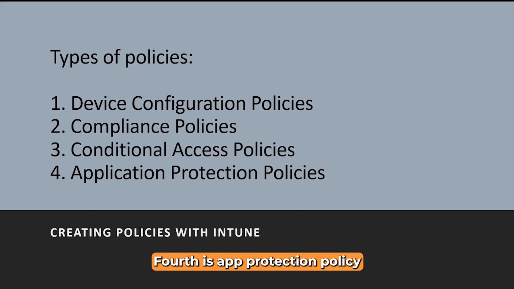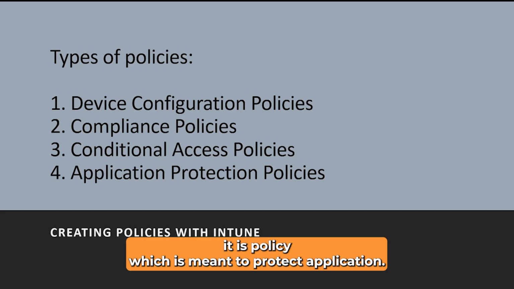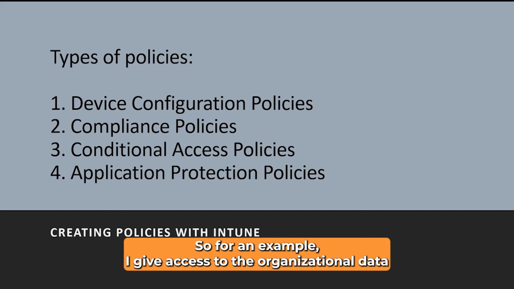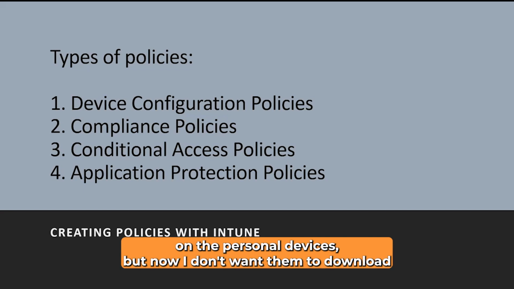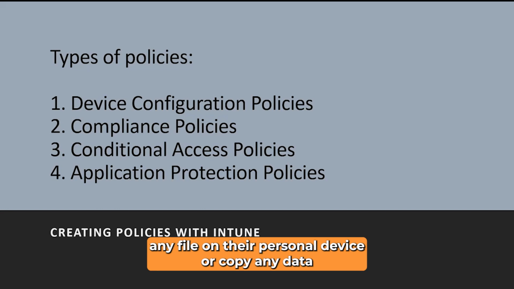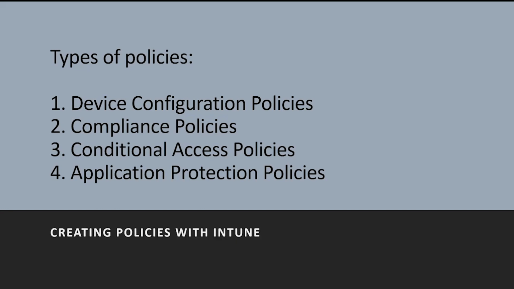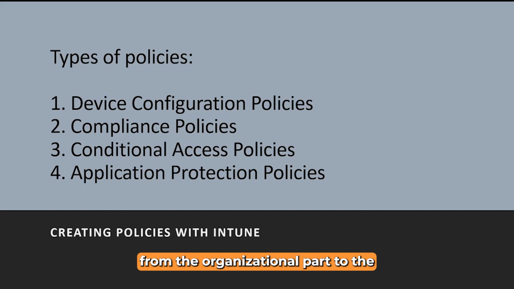Fourth is app protection policy, or application protection policy. As the name suggests, it is a policy made to protect applications. For example, I give access to the organizational data on personal devices, but I don't want them to download any file onto their personal device or copy any data from the organizational part to their personal storage.